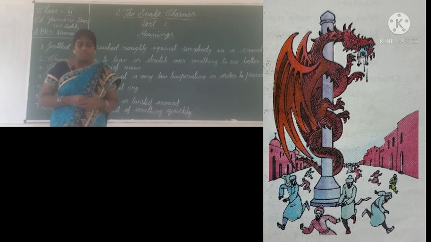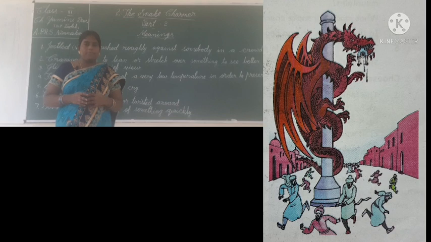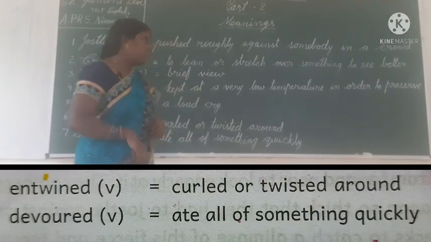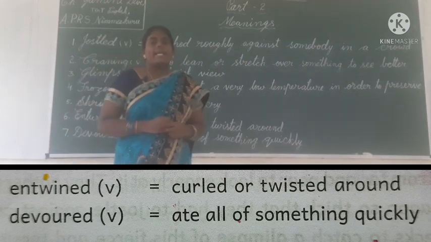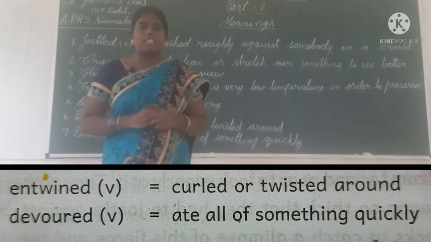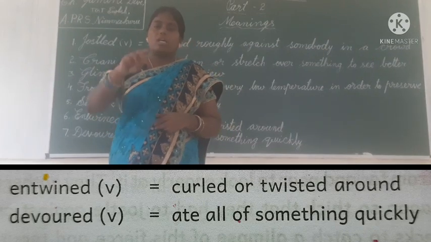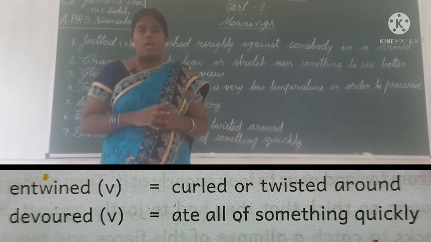So there was a pillar in the middle of the street where the snake charmer used to show his snakes. To that pillar it entwined. Entwined means curled or twisted around the pole.